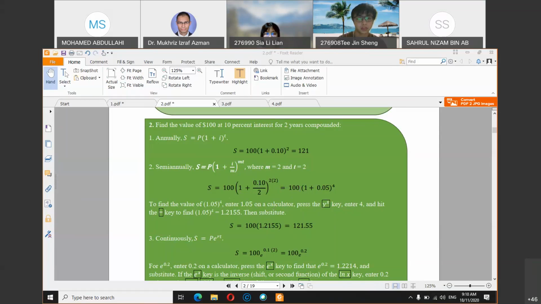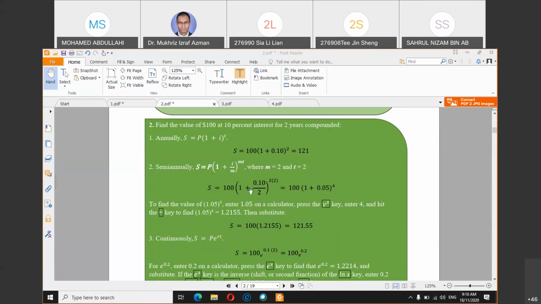So next, group number 3. In this example, again, you have 3 different formulas. You might not need to memorize this. Maybe when the time comes and you learn this topic again in that particular subject, you will look at this, and you will be using a very similar formula again.